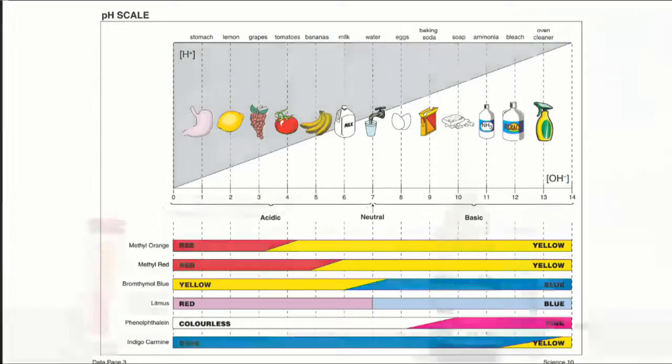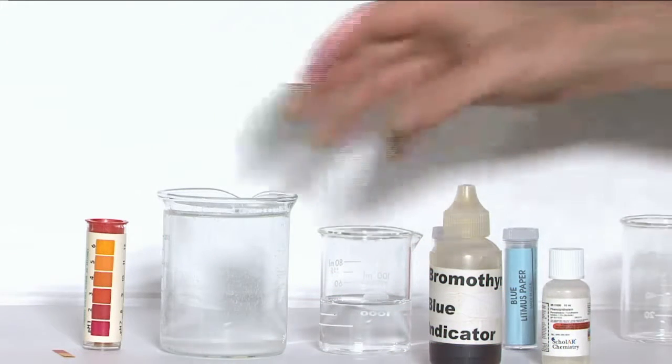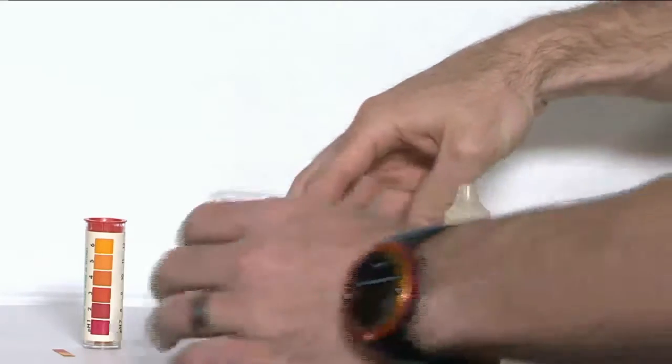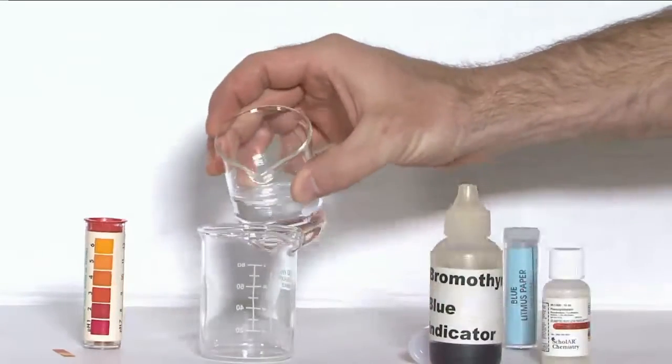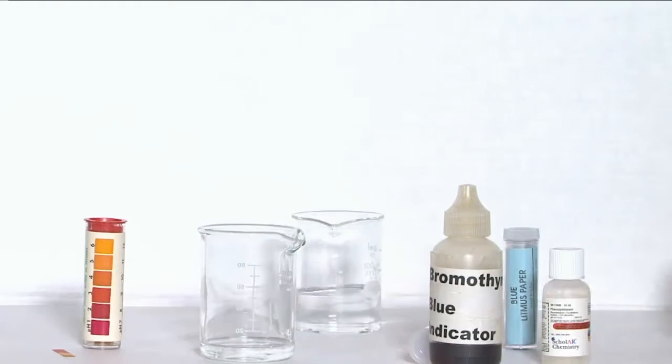I'm going to jump back over here. Let's maybe do our bromothymol blue first. I'm going to grab 2 empty beakers. All right, so I'm going to put a bit of an acid into this guy, and then see if I can get a bit of a base going in this one. Mix this up a bit.